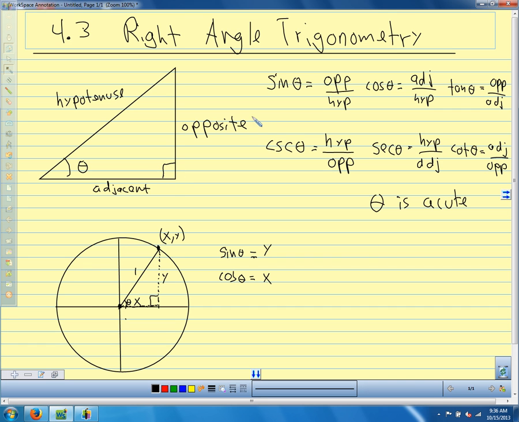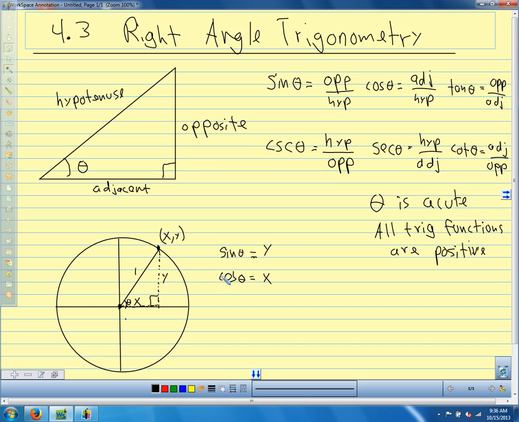So theta is acute, and when theta is acute, all of our trig functions are going to be positive. So when we're talking about right triangles, we're talking about acute triangles.